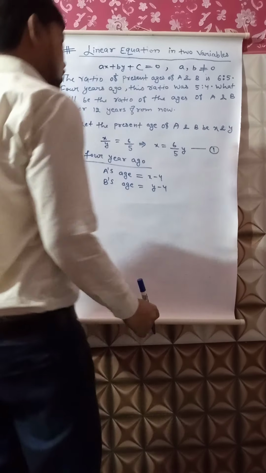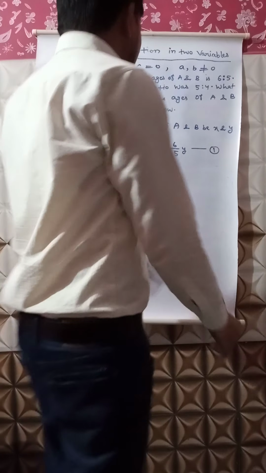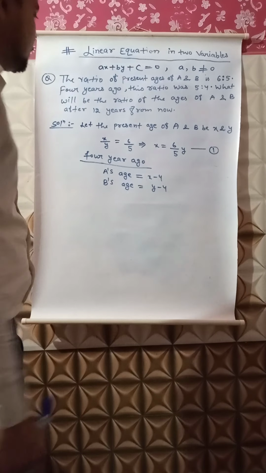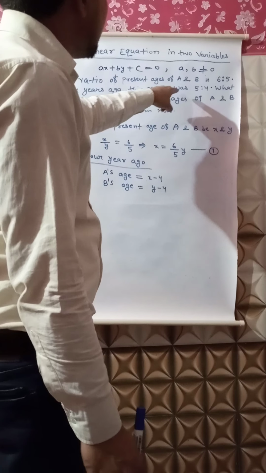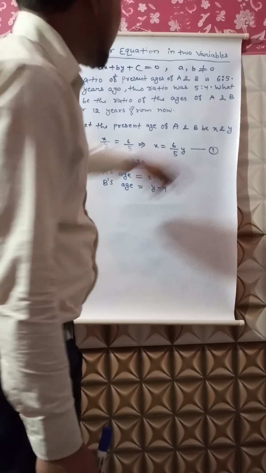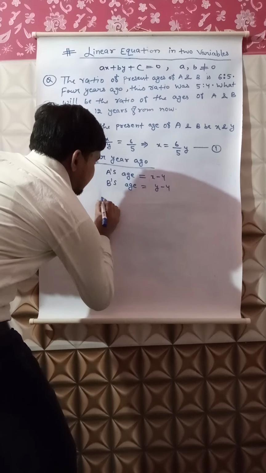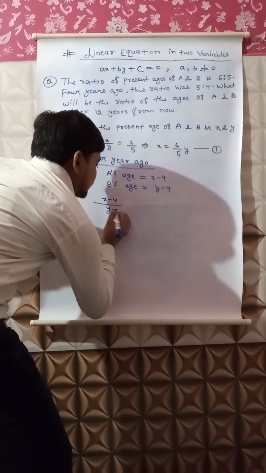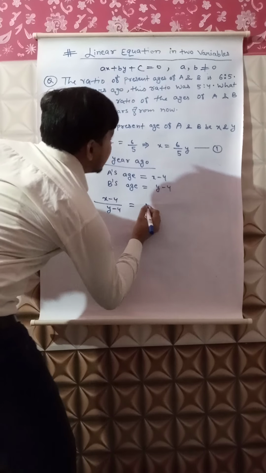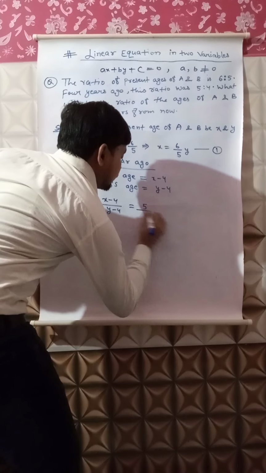Both are 4 years less than the present age. So our question is saying 4 years ago the ratio was 5:4. So from the question, x minus 4 upon y minus 4 will be 5 upon 4.